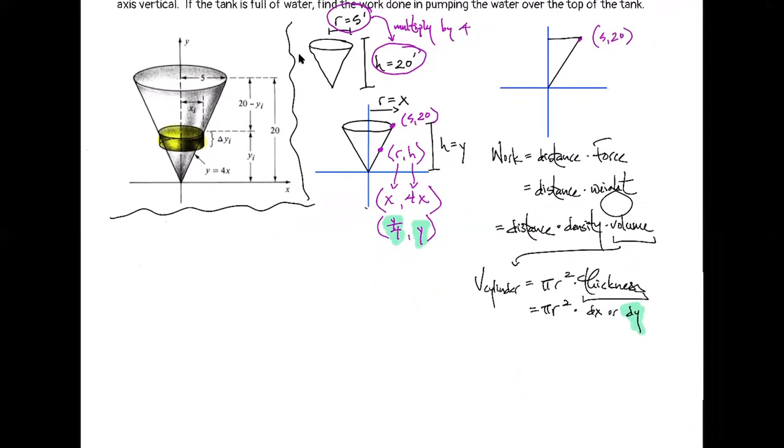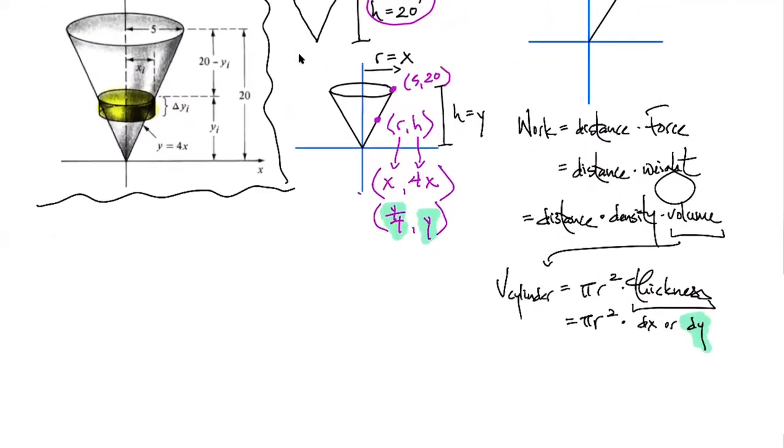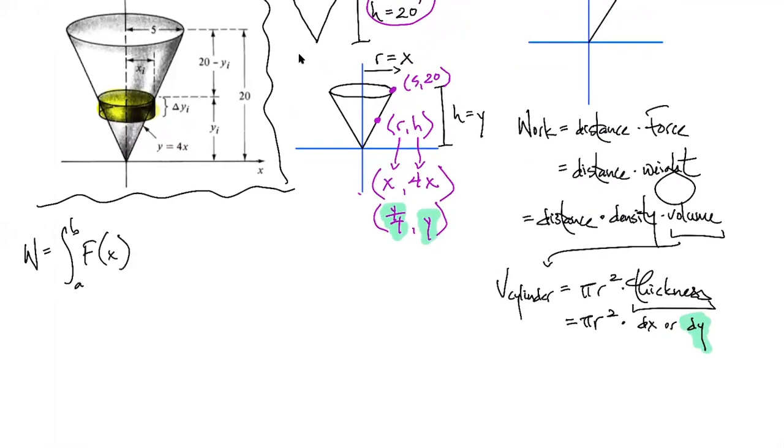Okay, so all of this is to give you just a little bit of background, a lot of bit of background, more than you ever wanted to know about where this formula comes from, okay? So when you look in a textbook, usually this is what they tell you. They tell you the work equals the integral from a to b of your force function dx, right? That's sort of our general, we just happen to use x's. But we know in this case, we're going to change our perspective to y's so that we can represent things being pumped out and out the top.